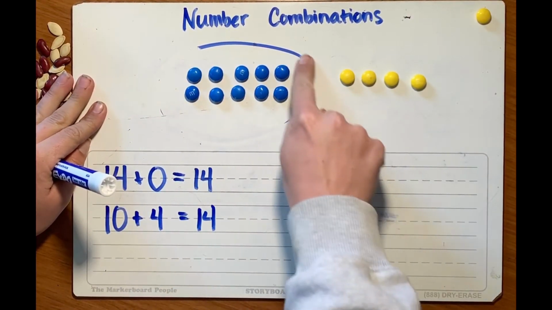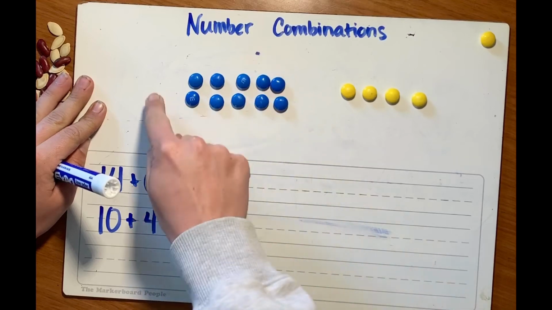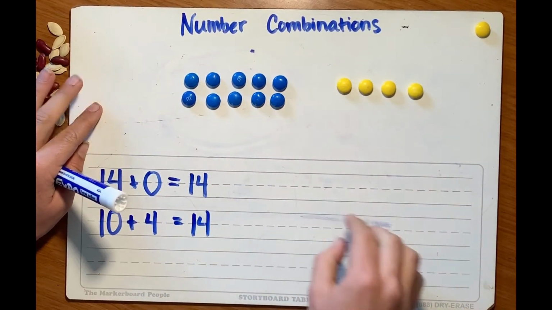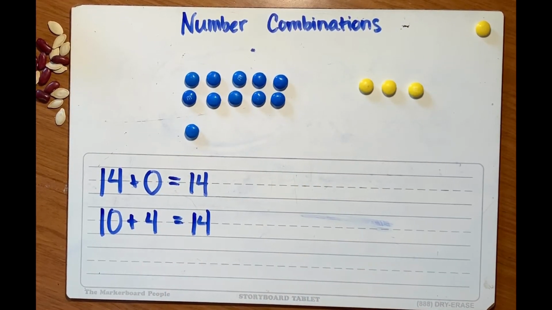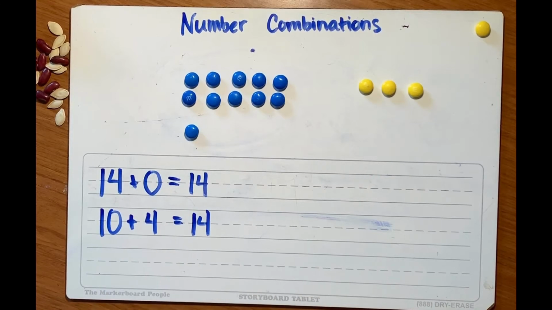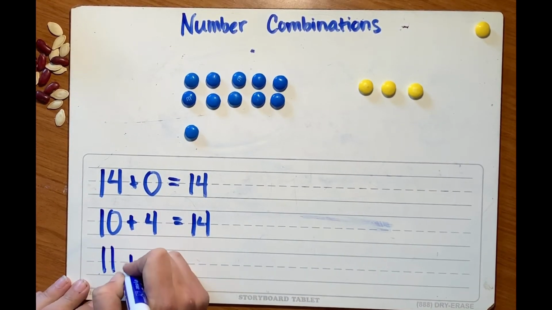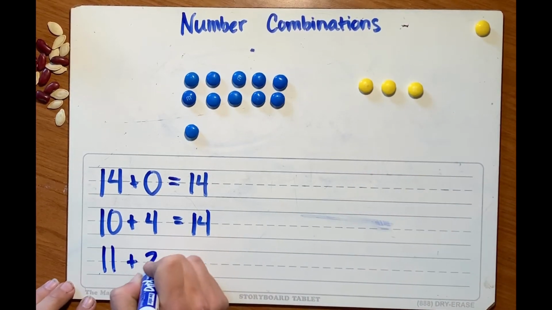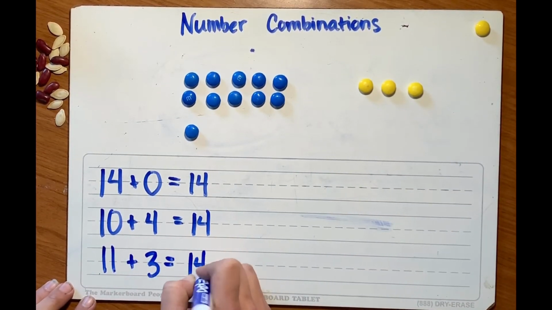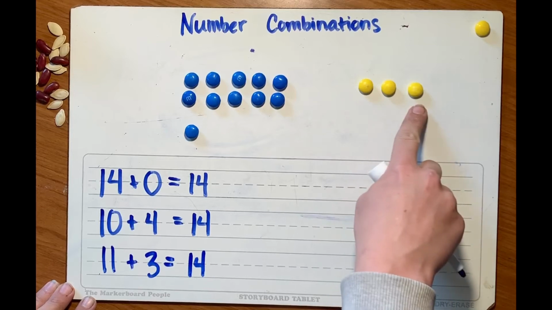Next, I'm going to keep my tens frame, but I'm going to substitute one of those for one of these. Now my equation is 10 and 1, plus 1, 2, 3. Let's make sure it adds up. 11, 12, 13, 14.